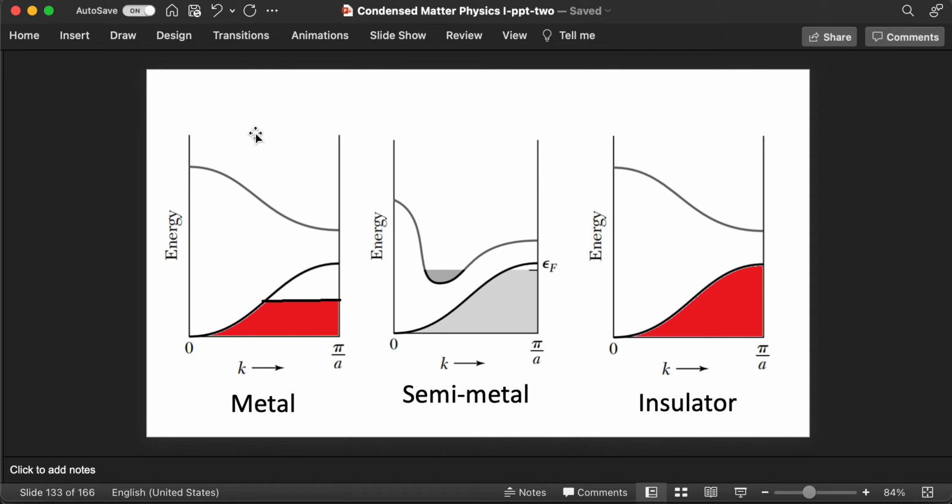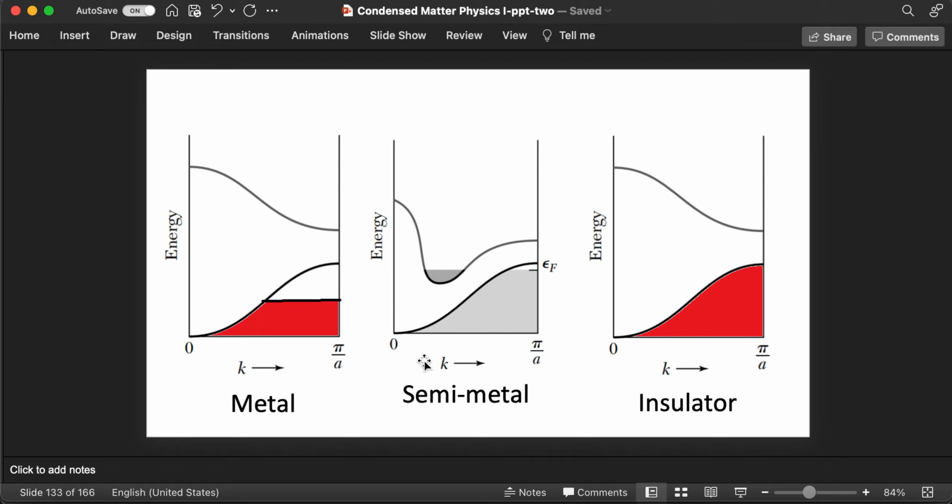So now we can go on to study a little more about why you have this kind of situation, for example, in the case of a semi-metal, where there is a band overlap. And if you notice here, in this case, the bottom band is fully filled except for a small region here, and the top band is fully empty except for the small region which is filled here.